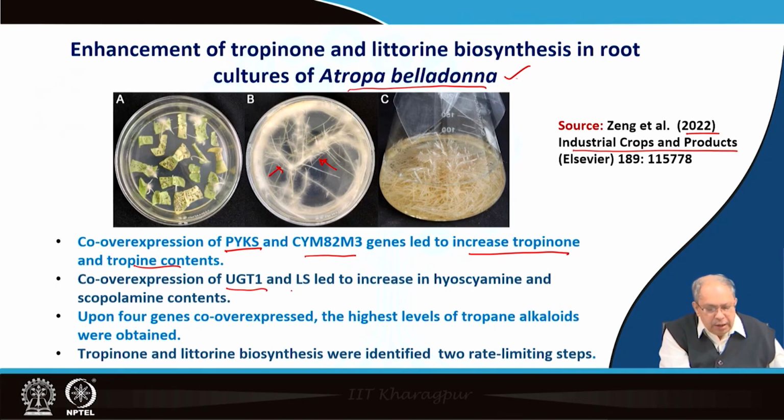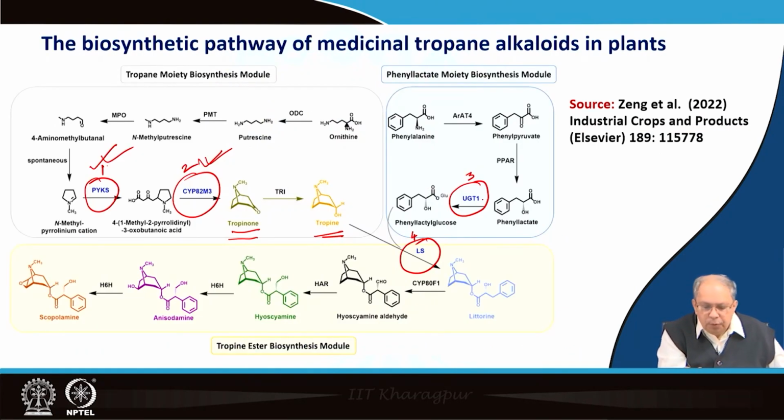Co-overexpression of UGT and LS led to an increase in hyoscyamine and scopolamine content. So, when genes 3 and 4 were overexpressed in the co-transformed hairy roots, that leads to more littorine formation, and as a result of more littorine the pathway is pushed towards the end product.